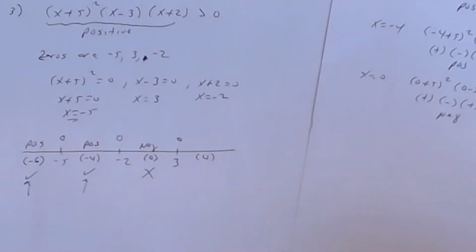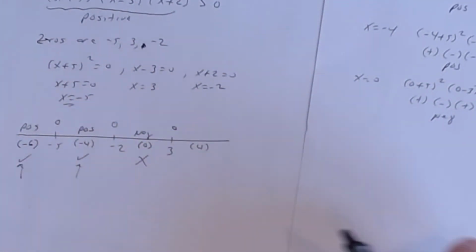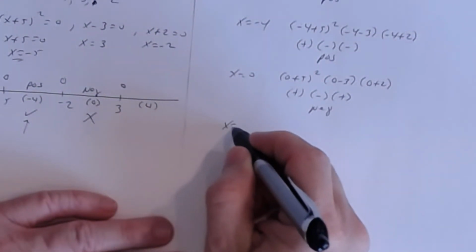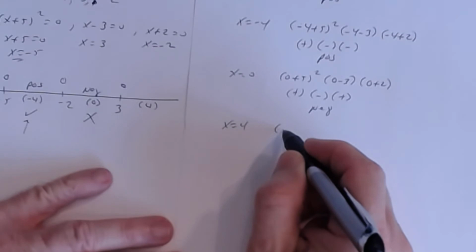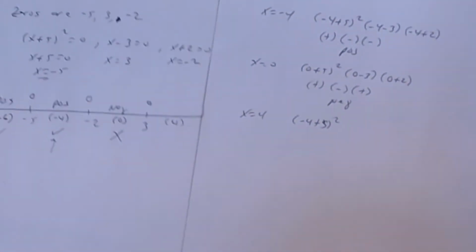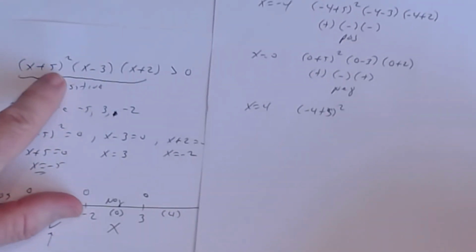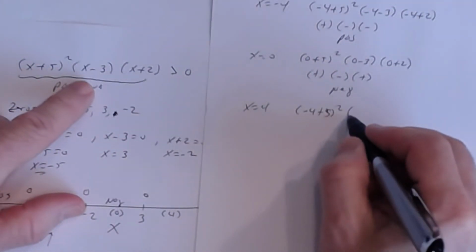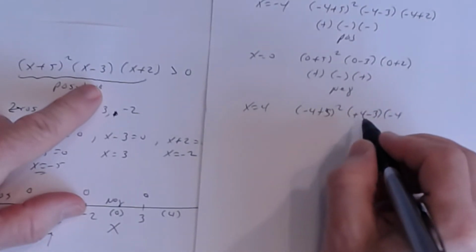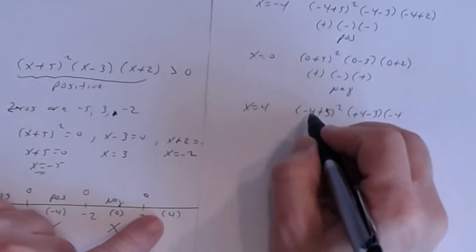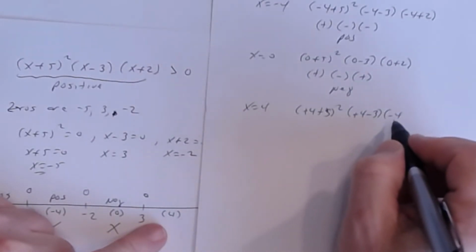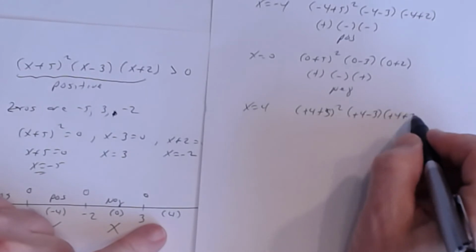So then we go to x equal 4, the next test point. So then you do that, and let's see what we get. So when x is 4, I'm substituting it into this right here: positive 4 plus 5 squared times positive 4 minus 3 times positive 4 plus 2.